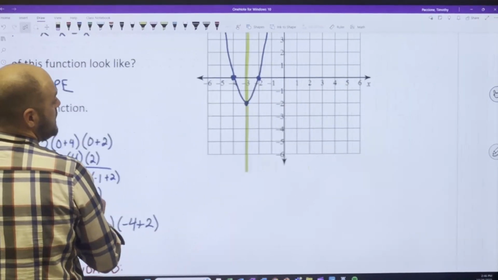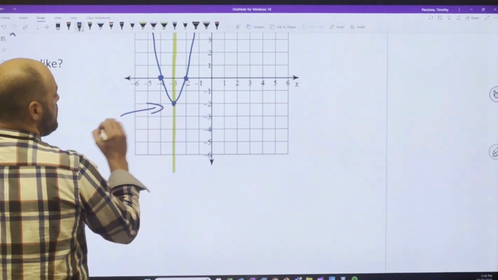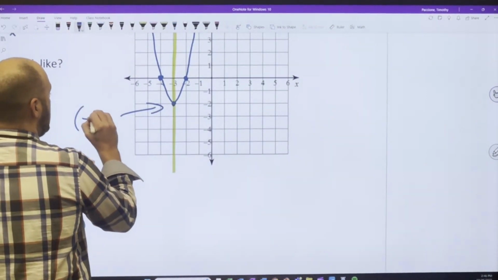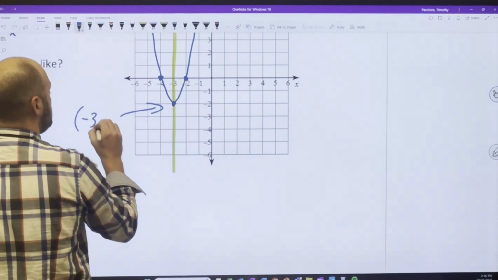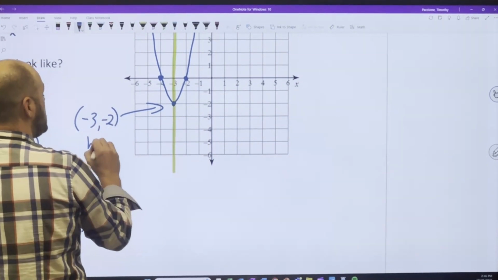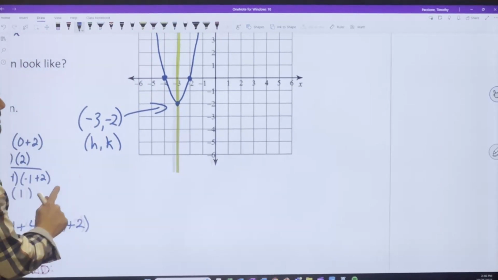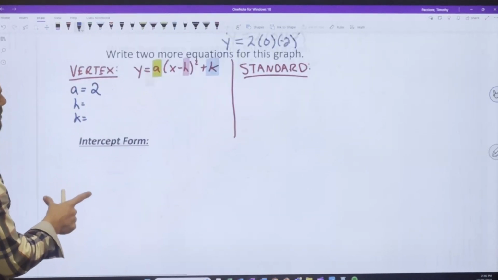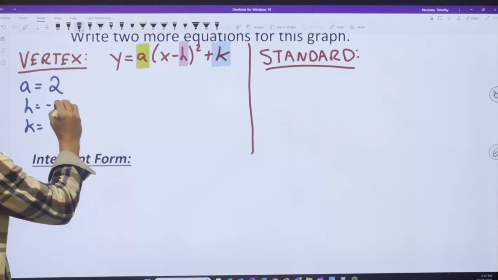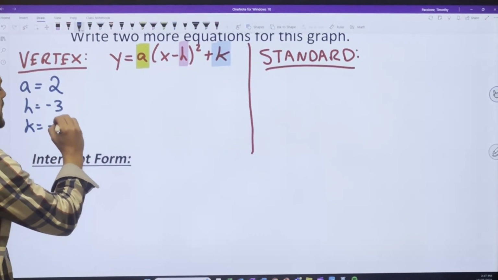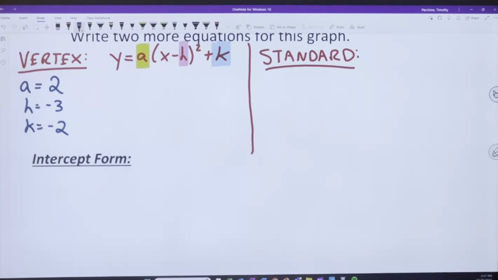And then our vertex is what? -3, -2, which is my H, K, right? So I just put those down as my H and K. -3, -2. Now I have all my pieces, I just plug them into the formula, right?